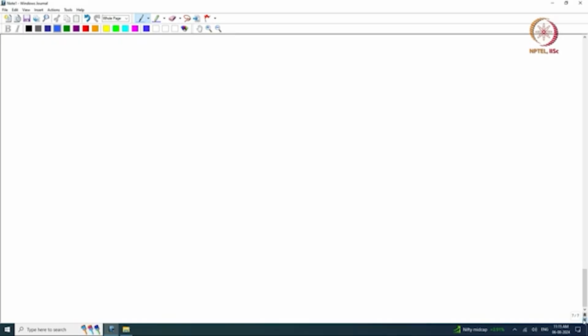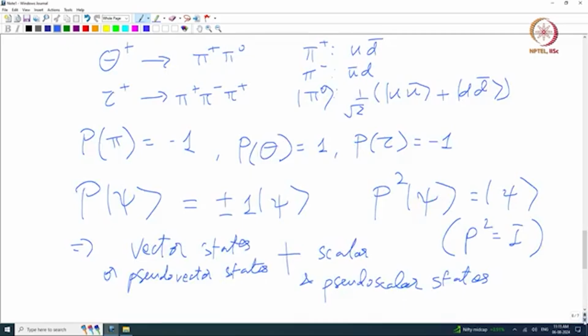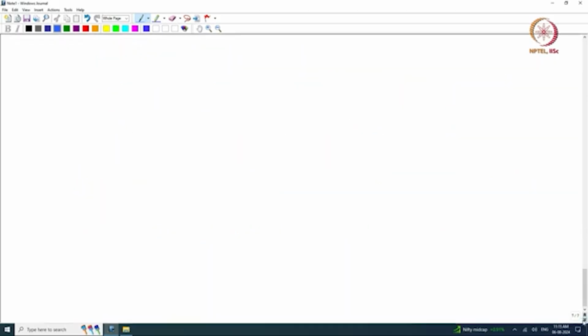Okay, so now let's think a little bit more about the intrinsic parities of various species. Okay, I just told you that the pion has an intrinsic parity of -1. So I just pulled it out of nowhere, right? I basically stated the pion as a pseudo scalar. So let's think a little bit more about where the intrinsic parities come from. Okay, so from the physics that you already know, what is the intrinsic parity of a photon?